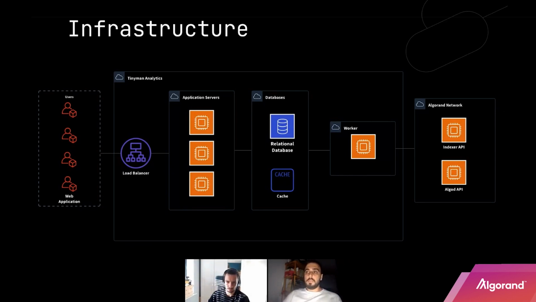They directly request the load balancer, and the load balancer distributes the load to the application servers. We can have a number of application servers. We can scale horizontally and vertically here. Then it reads mostly from cache, and if we don't have it in cache, it requests our database.